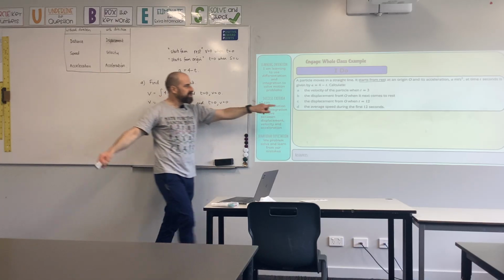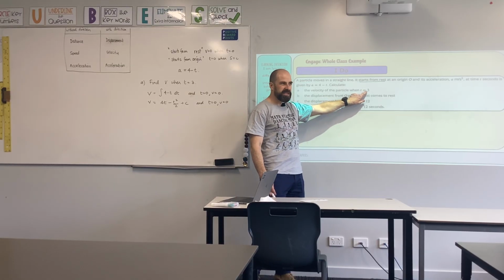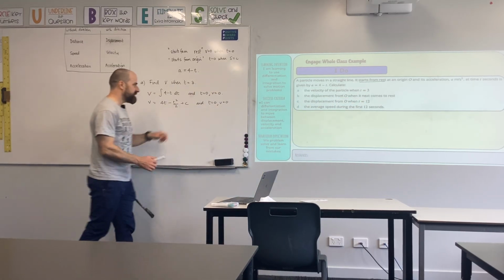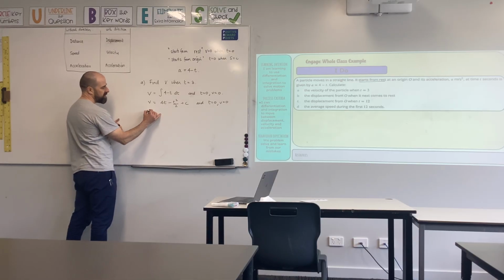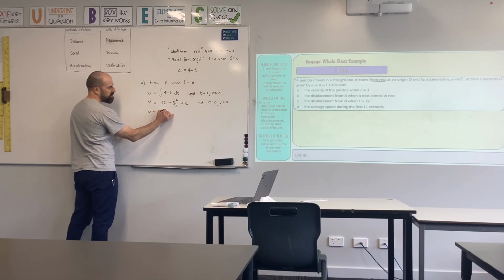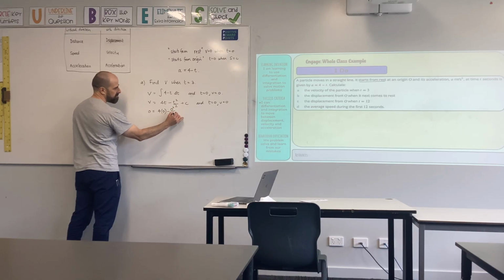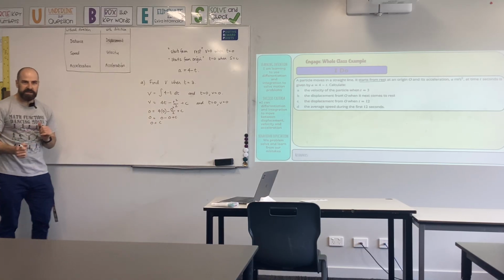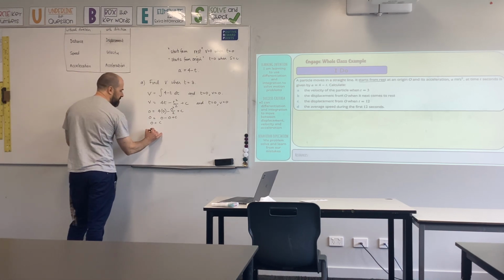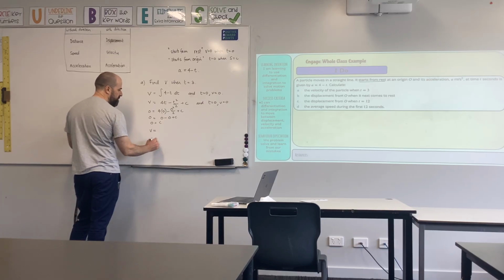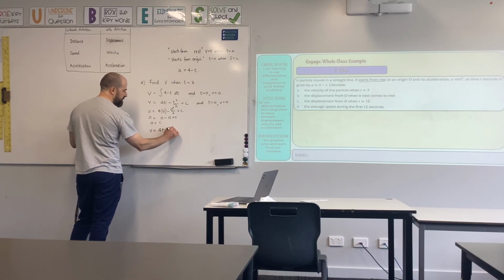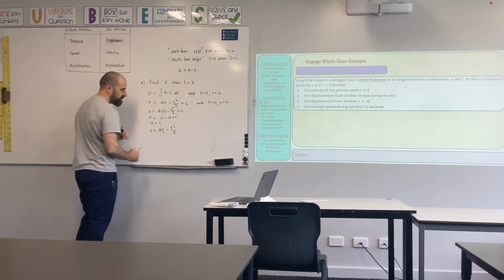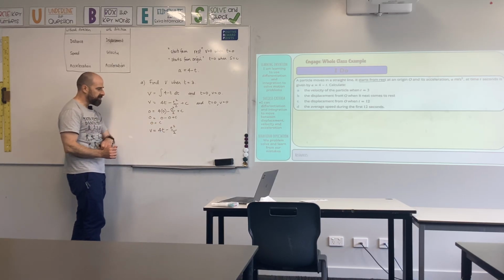Before I can substitute in t equals 3, I need to know what c is. So v equals 0 when t equals 0. Now that we've shown that c equals 0, we don't need it. So my velocity formula is 4t minus t squared on 2.